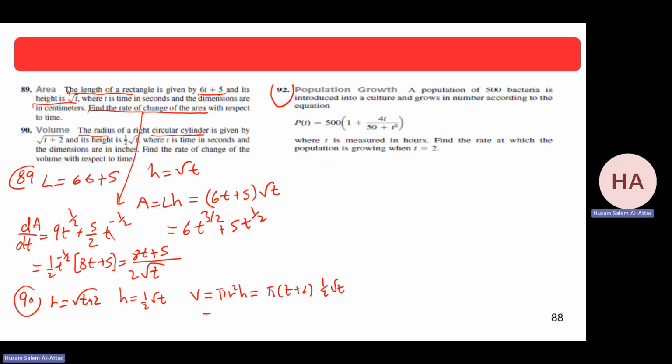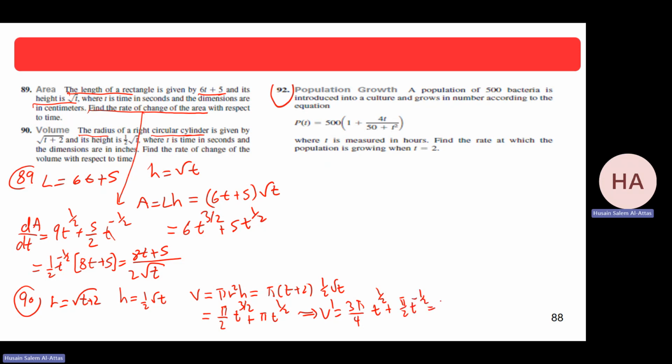In other words, it's pi over 2 t to the power 3 over 2 plus pi t to the power half. So I can find v prime, which is 3 pi over 4 t to the power half plus pi over 2 t to the power minus half.